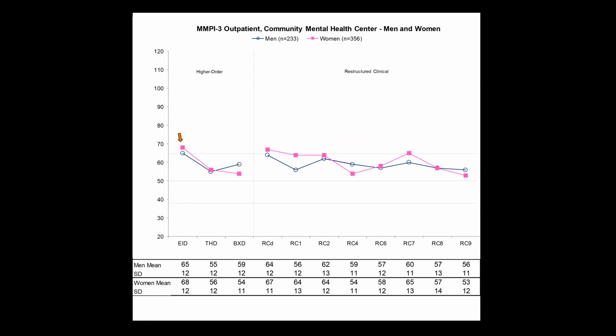And at the higher order level, the highest scores are on the emotional internalizing dysfunction scale, indicating that in terms of the clinical presentation, there is substantial presentation of difficulties in the domains of mood and affect, fairly broad domains of mood and affect that are represented by the higher order EID scale, and at the RC scale level, we're seeing elevations on the three scales associated with EID, the three RC scales, namely demoralization, RC2 low positive emotions, and RC7 dysfunctional negative emotions.